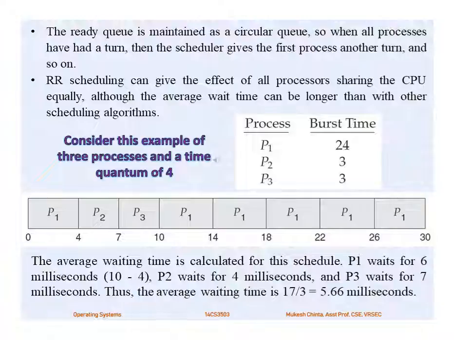After the completion of P1's turn, P2 is ready for execution, taking the time quantum of 4. P2's burst time is 3, so 4 plus 3 is 7, and P2 takes until 7 milliseconds for its execution. After the completion of P2, P3 goes for execution, and P3's burst time is also 3.